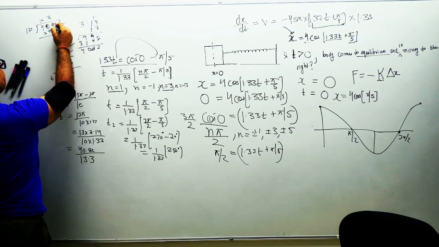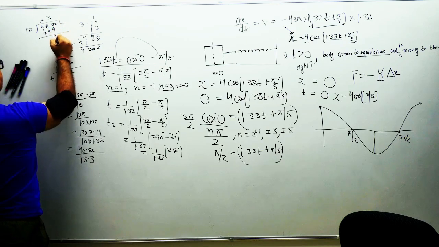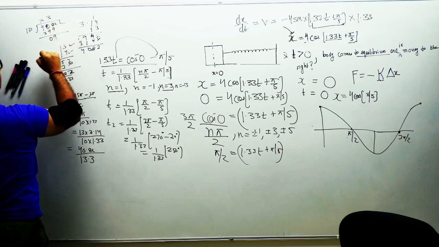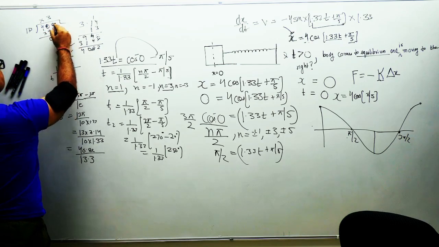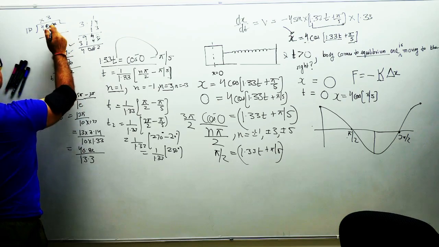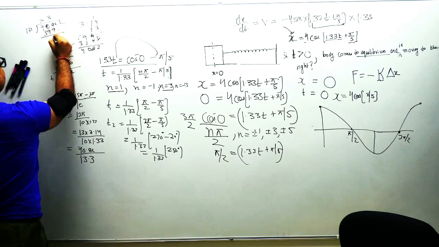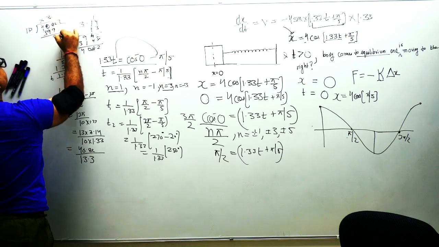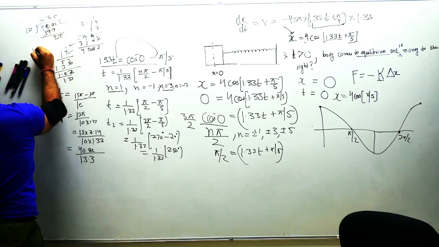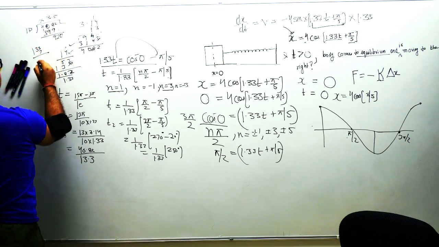133 into 3 will give you 399, and if you subtract these, you get 3.0 and 133.7, 7 threes are 21, 23.